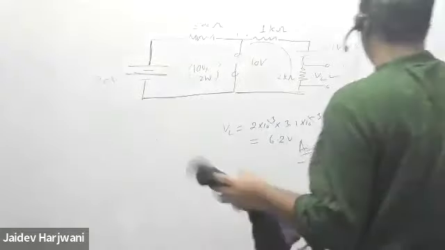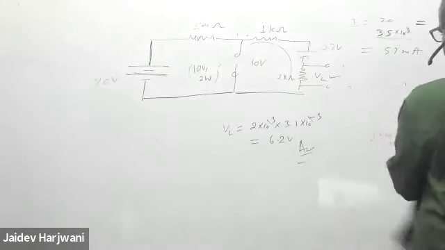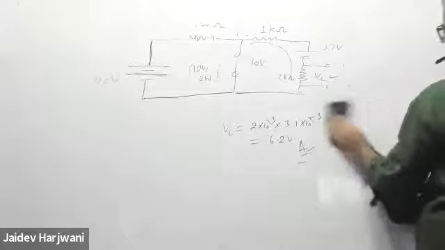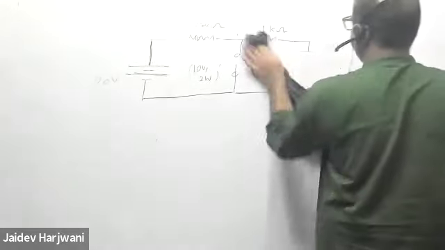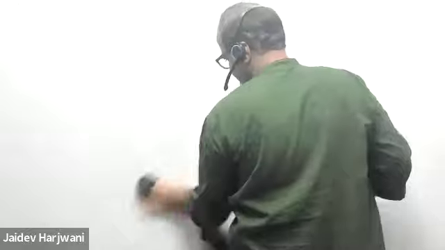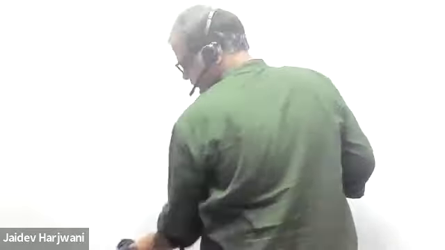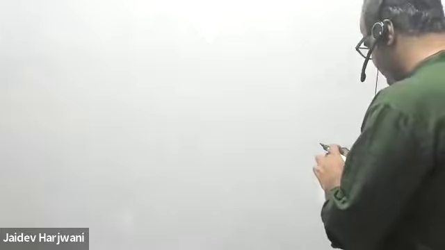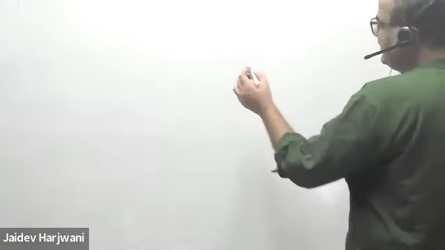So let me go to the next question now. What should I do in the second question? Can anyone tell me what the second question is? In the second question, you have a battery.